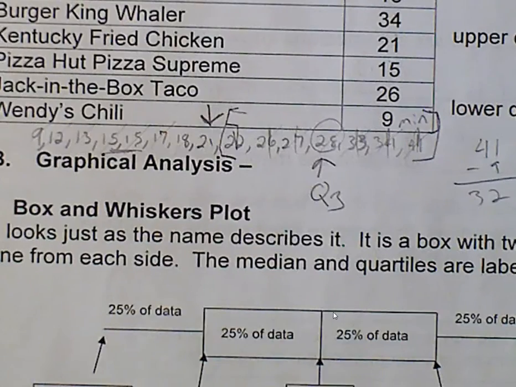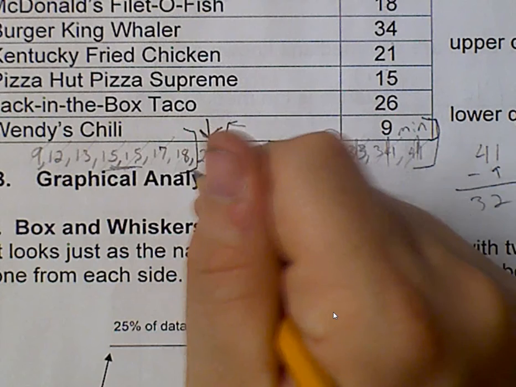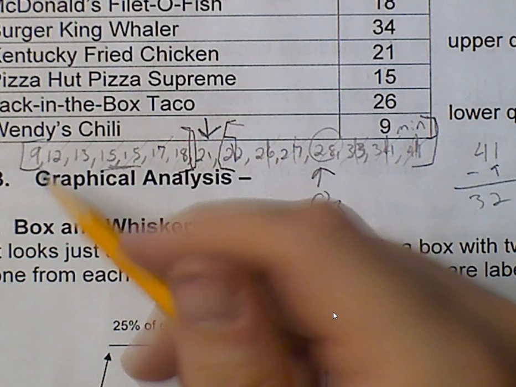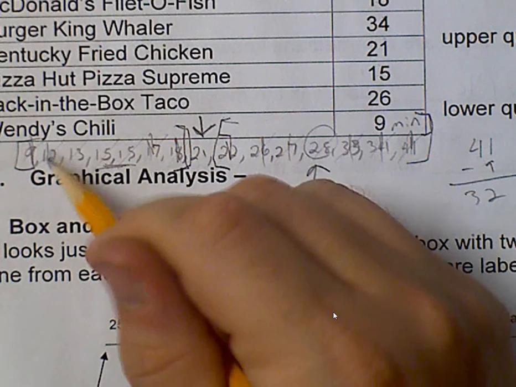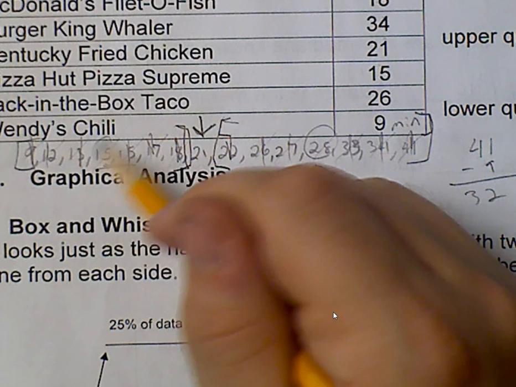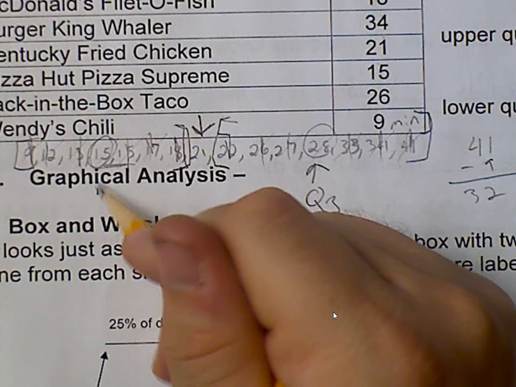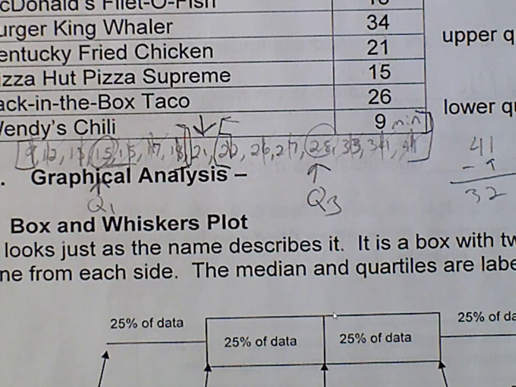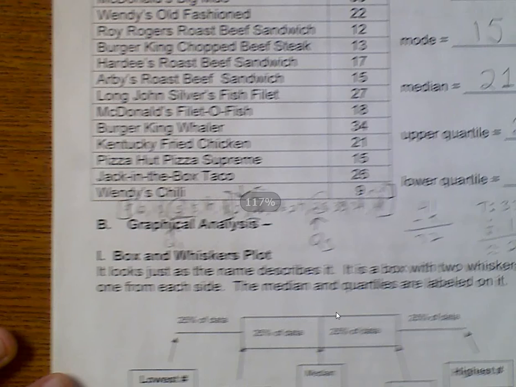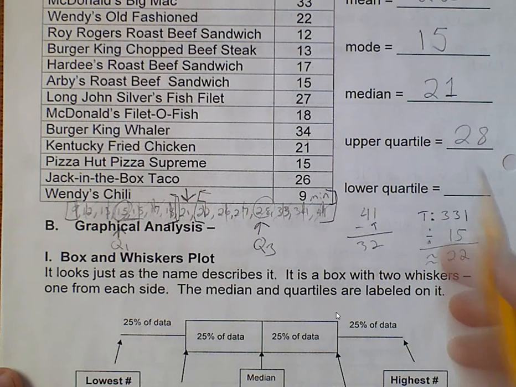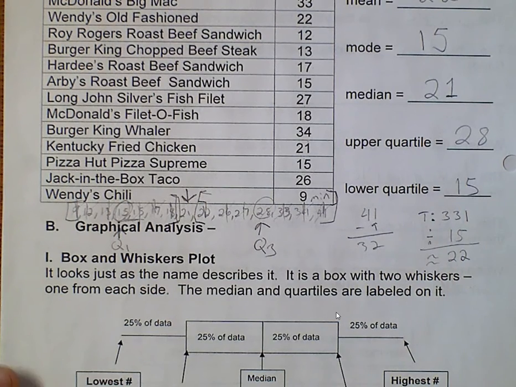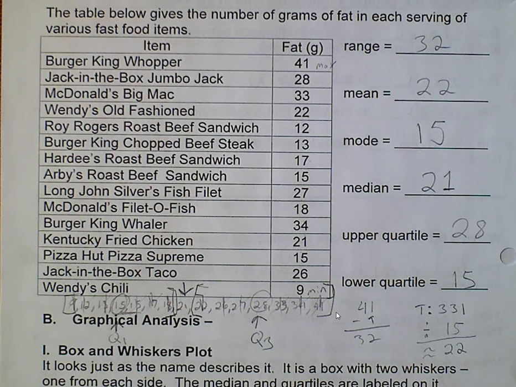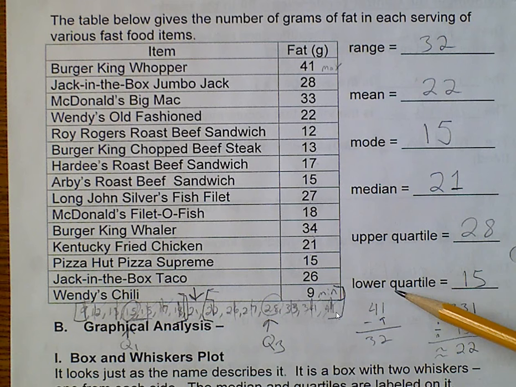Now for my lower quartile, I do the same thing. I need my lower half. So those are the first number, second number, third number, my fourth number. That would be Q1, or my lower quartile. So my lower quartile would be 15. And so that's my mean, median, mode, range, upper quartile, and lower quartile.